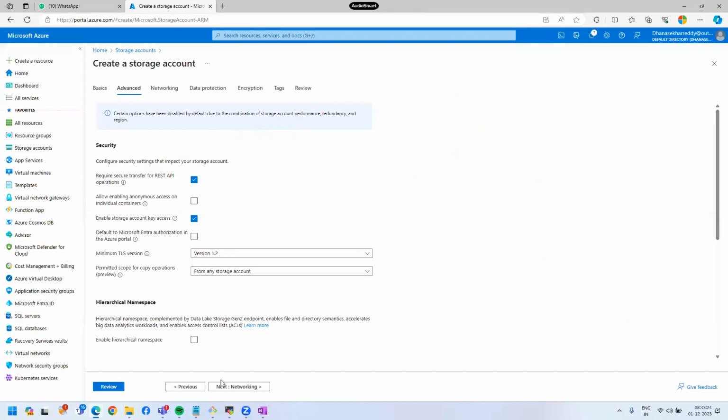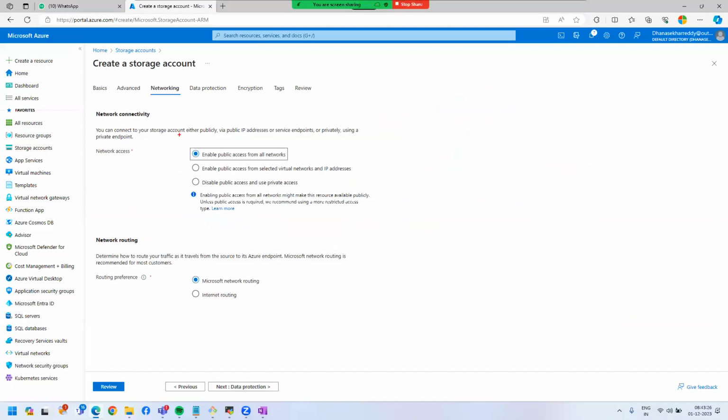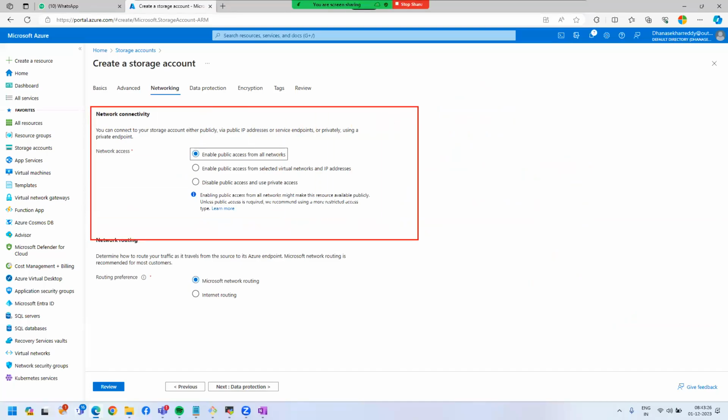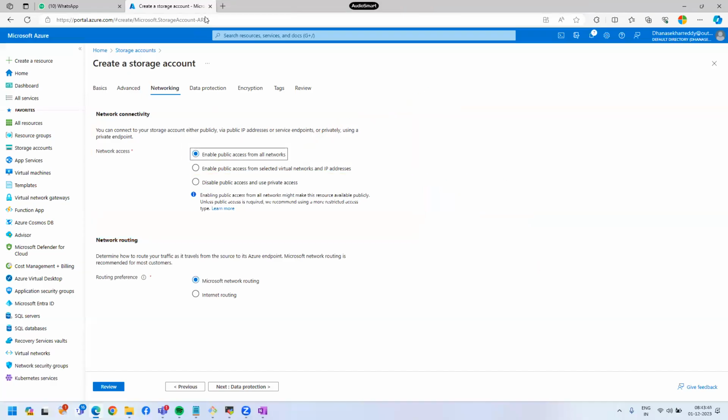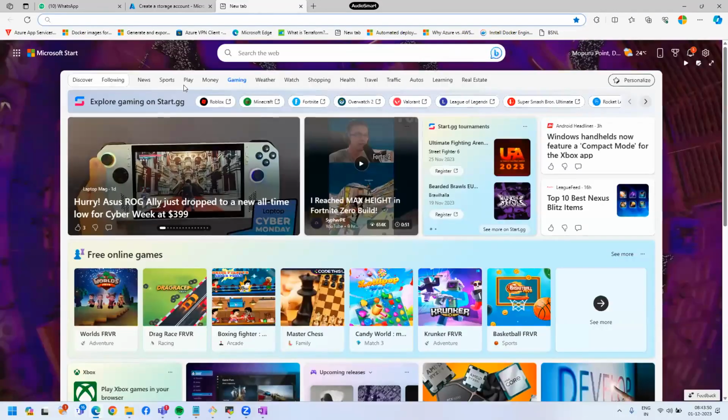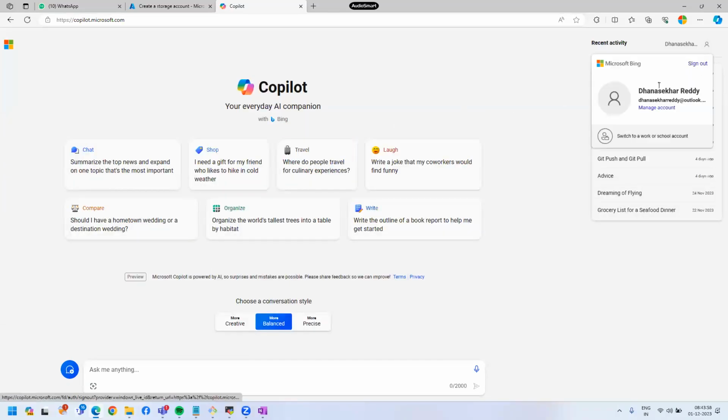Next, networking. This is how we can access the data. Internally, data can be available to all the public, but it is secured within the corporate network, so it can be accessed within the network itself. Best example, many people get confused here. I am using copilot.microsoft.com with my account, dhanshekar@outlook.com.